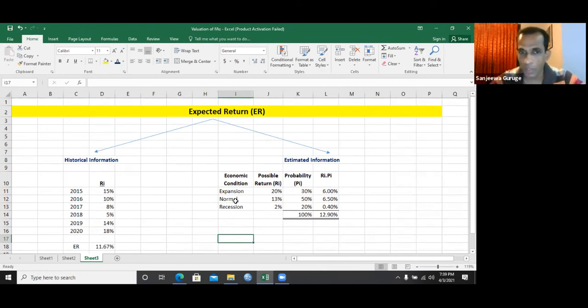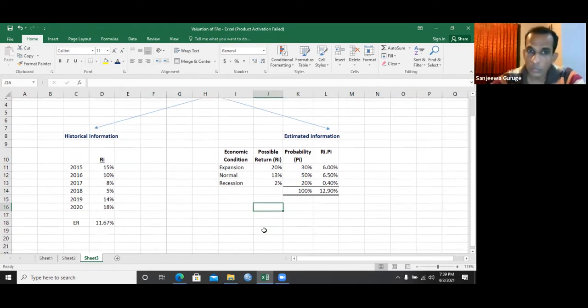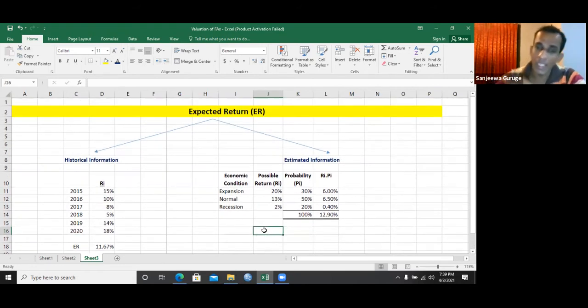So a number of different conditions can be considered here. Whatever the number of possible conditions we consider, we have to use all the probabilities. Always the total probability should be 100%. In this way, we can estimate the return. We can get some idea of what return we can expect when we invest in a particular asset.